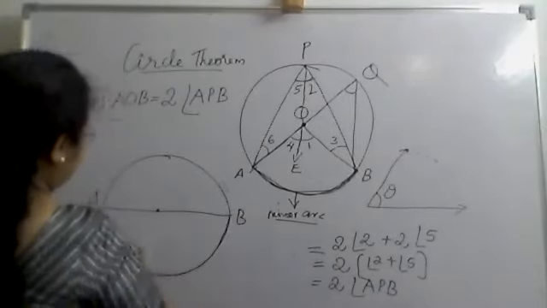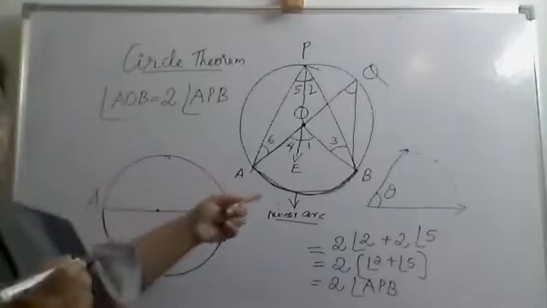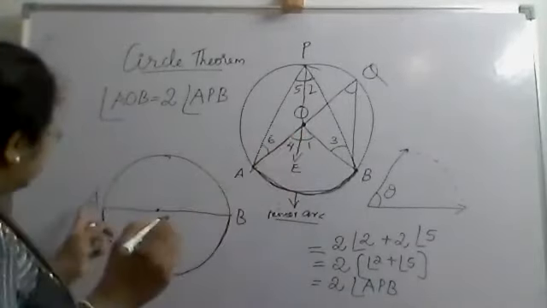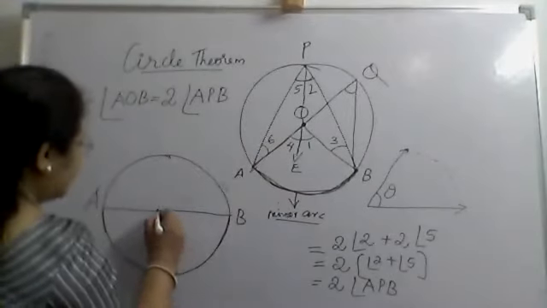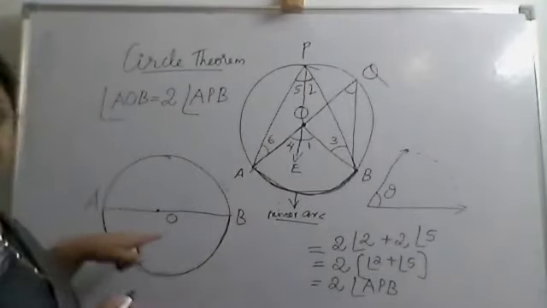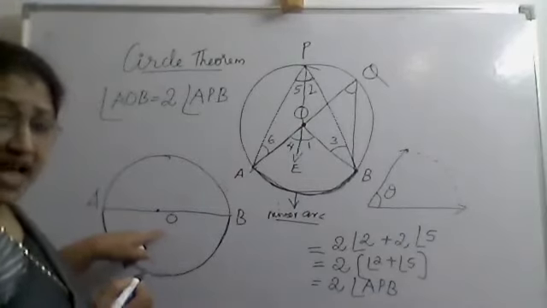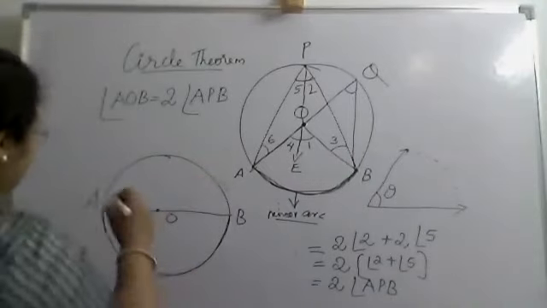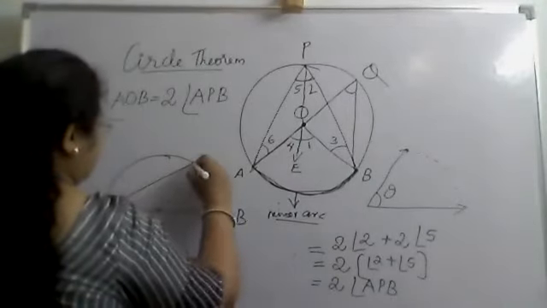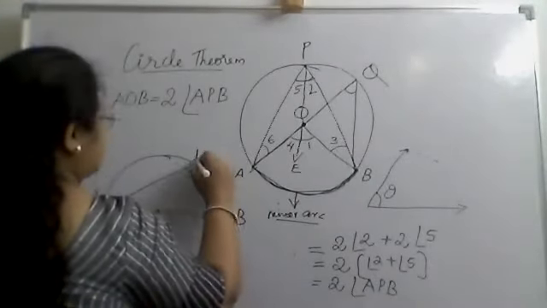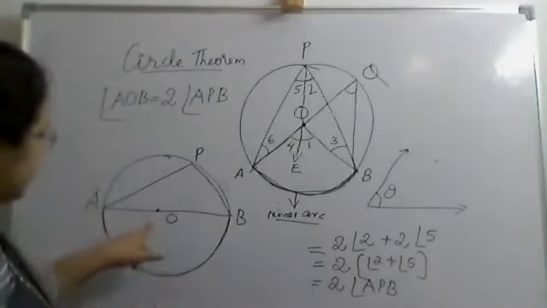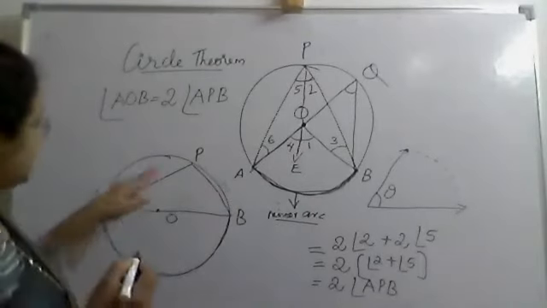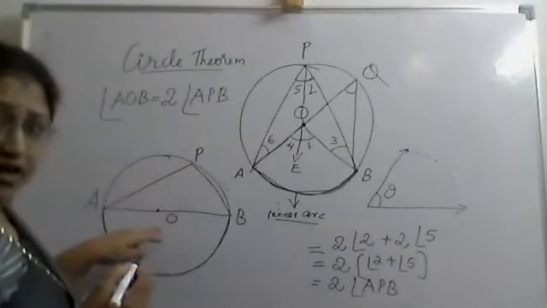As far as the theorem is concerned, the statement says the angle subtended by an arc at the center, that is by this arc at the center O, will always be 2 times the angle subtended by the same arc on any other part. So let me take another angle in the remaining portion and label it P. This AOB is going to be 2 times APB, or this APB is going to be half of AOB.